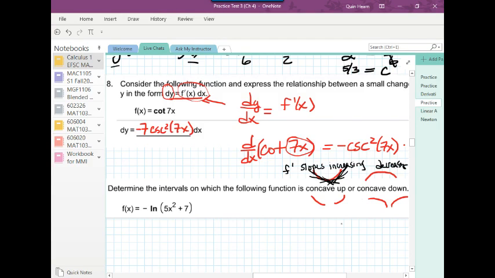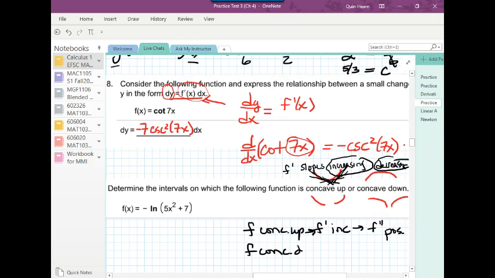Okay, another topic that you need to be very familiar with in this section is concavity, determining where a function is concave up, like it could hold water, or concave down, like water would pour out of it. So again, concave up can look like this or this, and concave down can look like this or this, right? So how do you know when a function is concave up or concave down?